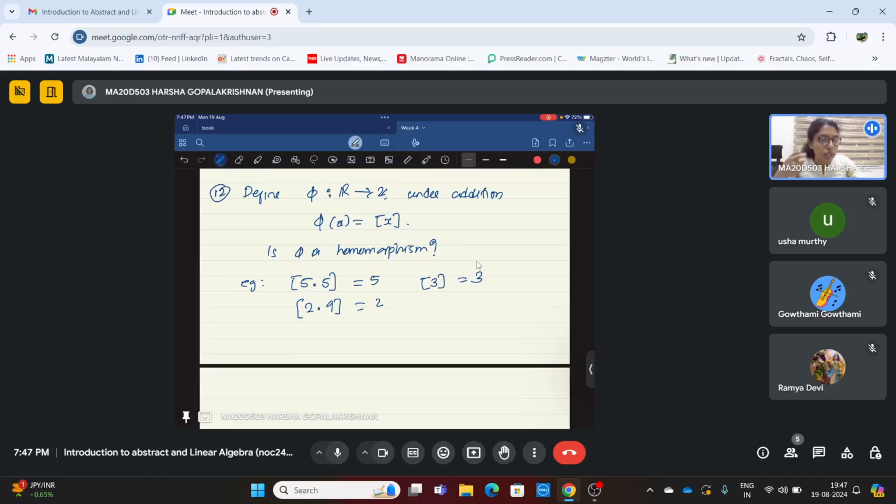So you have to suitably find x and y such that phi of x plus y is not equal to phi of x plus phi of y. Can anyone tell? It is just an easy example. Any possibility you can try such that this inequality is satisfied.